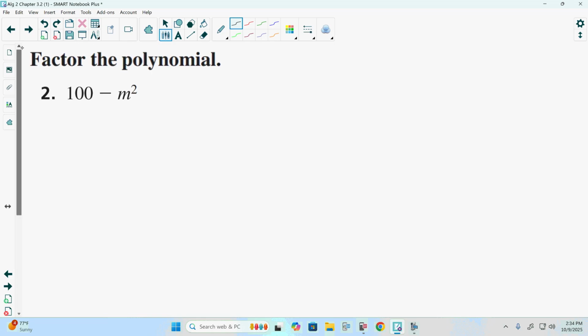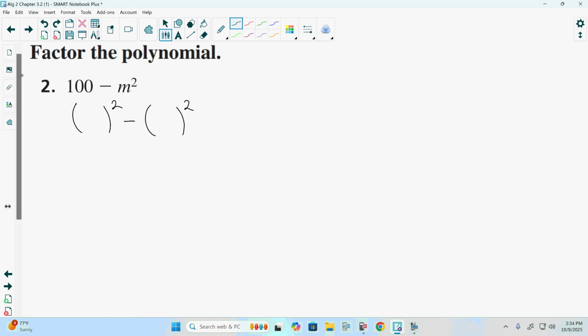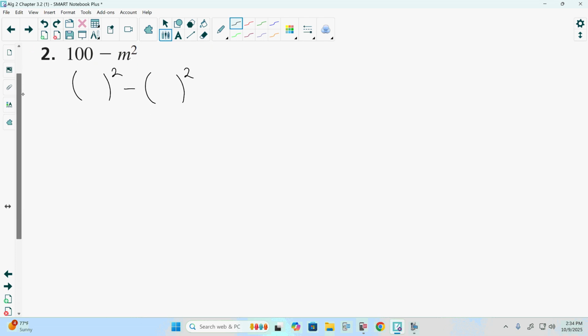100 minus m squared. So what times itself is 100? What times itself is m squared? m. So it'd factor to 10 plus m times 10 minus m. Now we do need to be careful with this, because since m squared went second, we have to put it second.